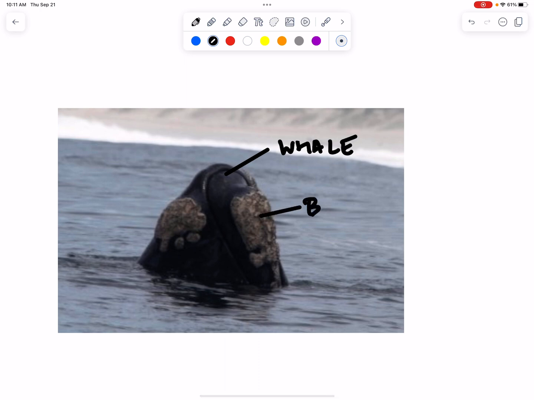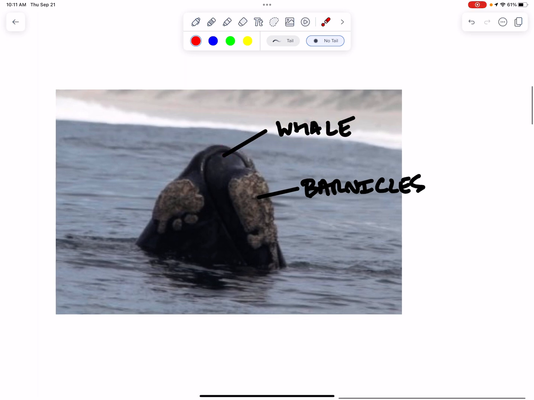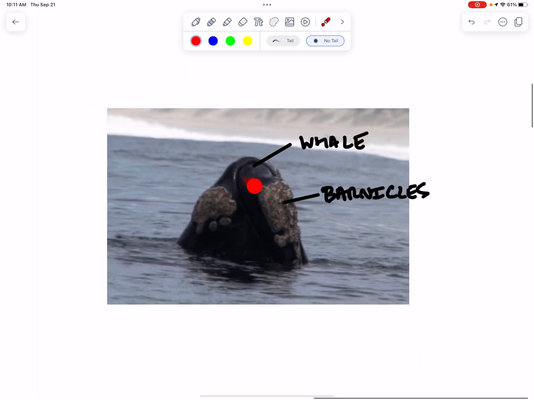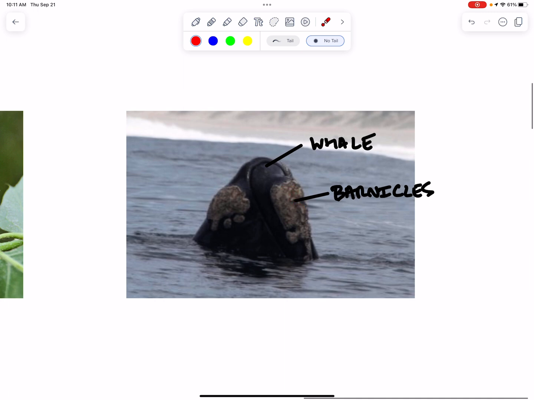The whale is doing its thing, living its life, moving around the ocean, filter feeding on plankton, and the barnacles are attached to the whale, on for the free ride, and as they move around with the whale, they are filter feeding the ocean water.